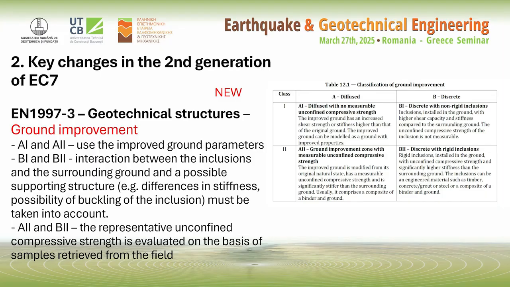For ground improvement now, this is also a completely new chapter. We are starting also with a new classification, which is not always very easily understood. We have 4 classes. Class A is a diffused improvement, and Class B is a discrete improvement.